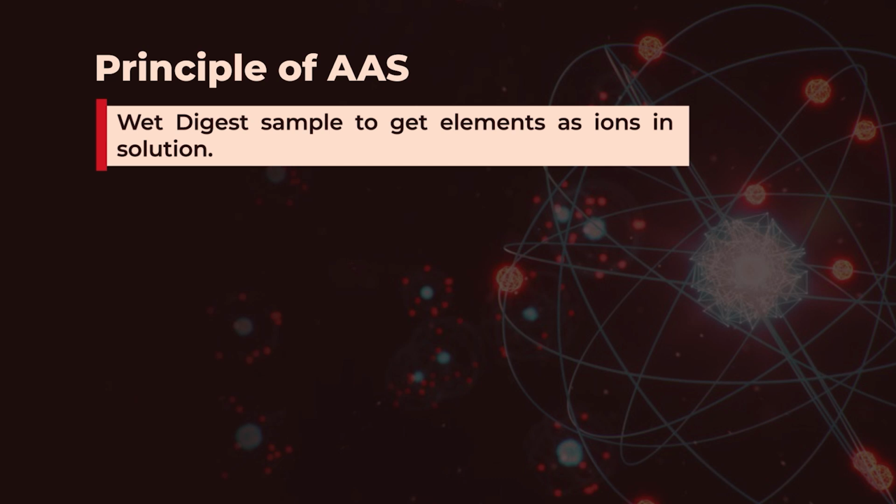We first wet digest. During the ashing, we always digest with acids, and we speak of acid insoluble ash or acid soluble ash. What we do basically is digest the material with acids, and so all the elements get into the solution.